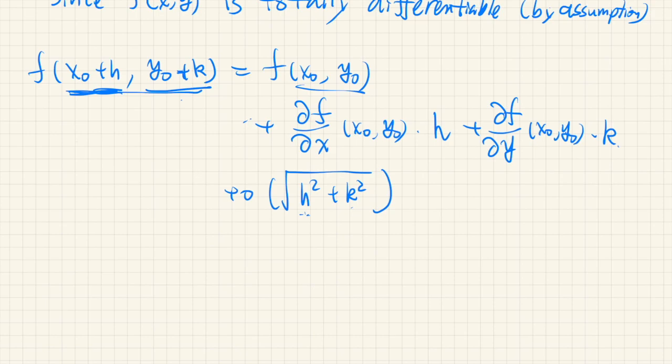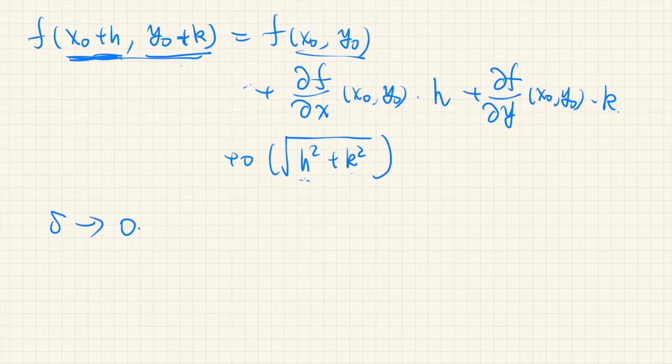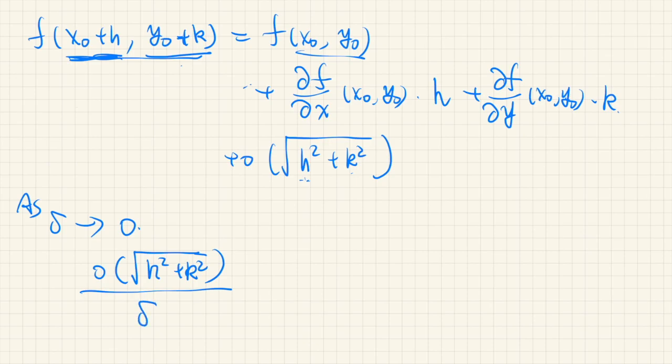So this is what it means for this function to be totally differentiable. Now we take delta to 0. Then as delta goes to 0, we have little o of the square root of h squared plus k squared over delta, which is h over delta times little o of the square root of h squared plus k squared.